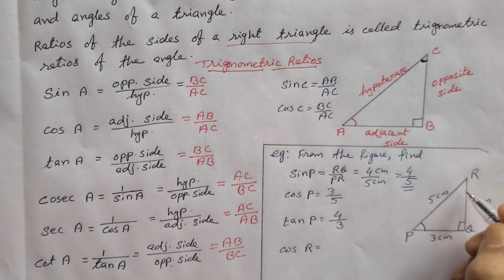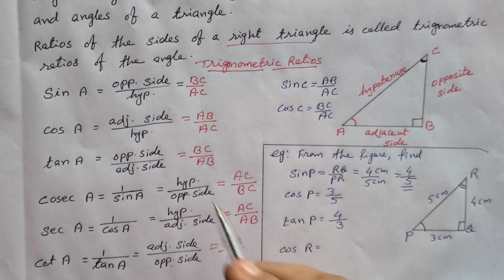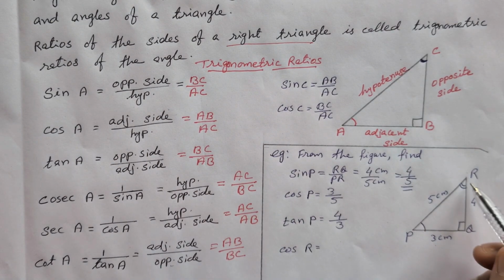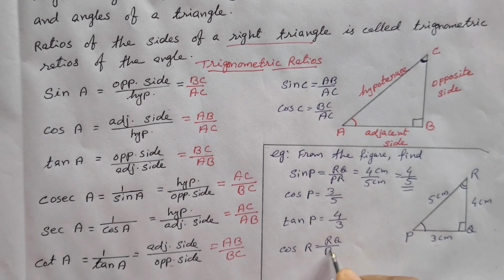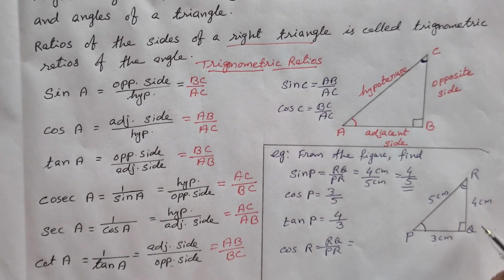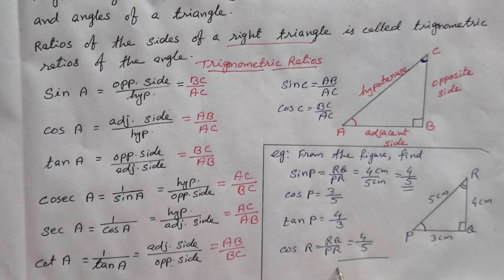Then cos R, based on the angle R. Cos means adjacent by hypotenuse. For angle R, the adjacent side is RQ and the hypotenuse is PR, so the measurement is 4 by 5. This is the way we have to find the ratios.